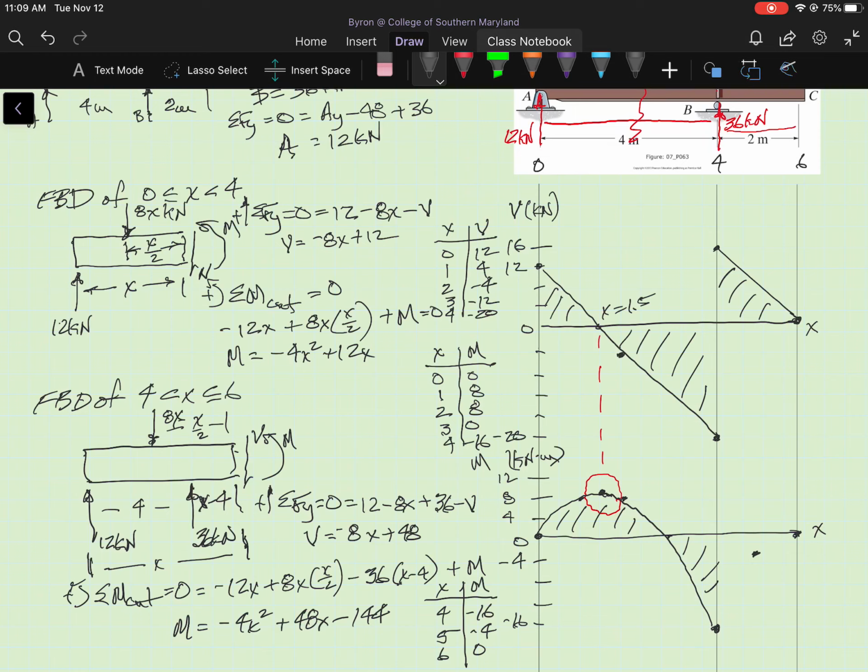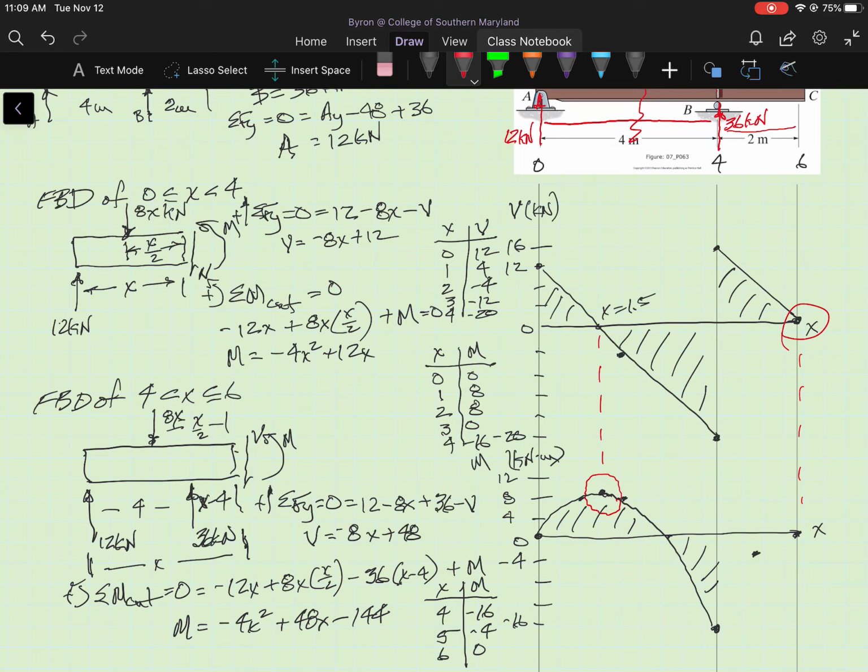Now, again, we can use the relation between shear and moment. We notice that at x equals 6, the shear is equal to 0. Okay, so if the shear is equal to 0, the slope of the moment curve must also be 0.